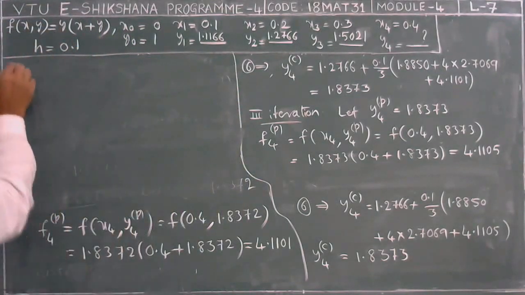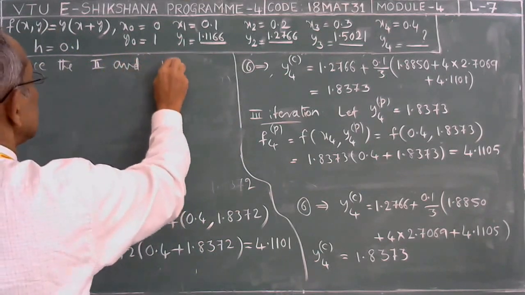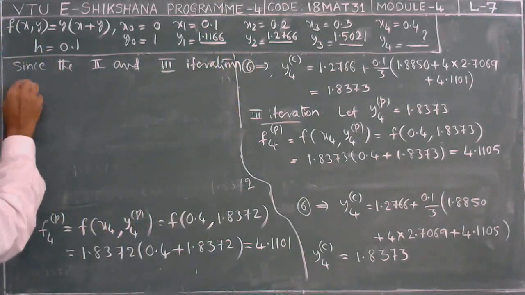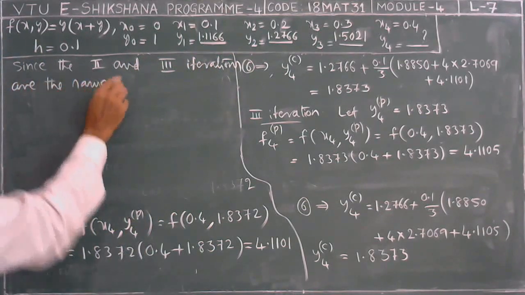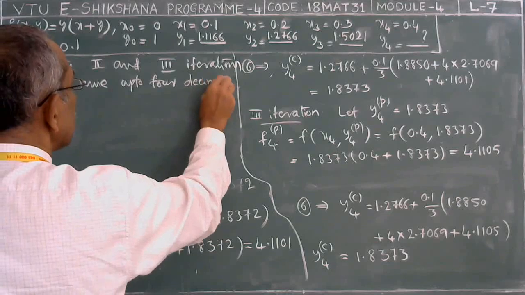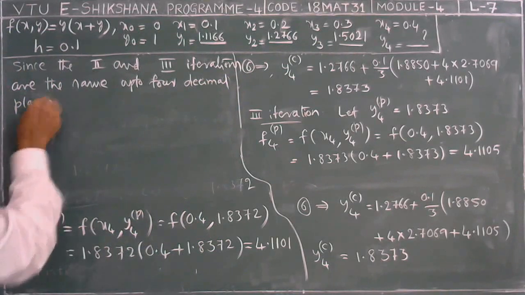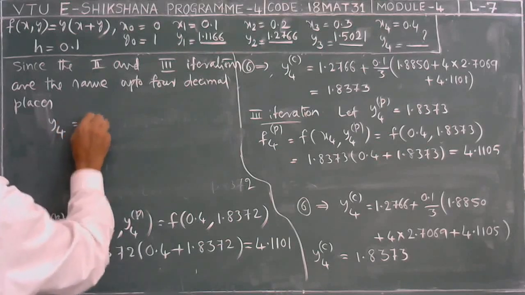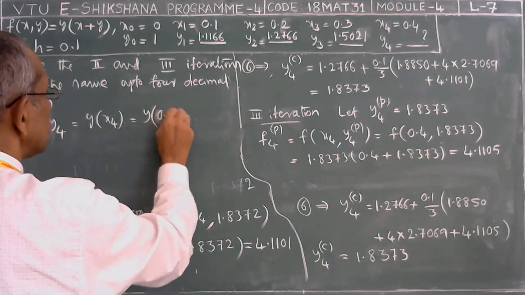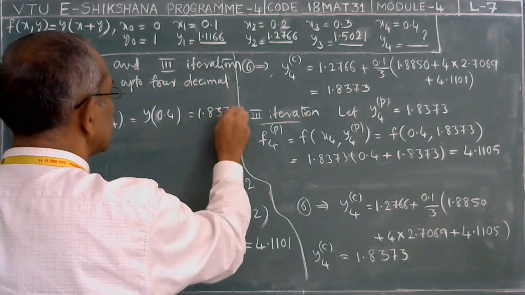Since the second and third iterations are the same up to 4 decimal places, y4, that is y at x is equal to 0.4, is equal to 1.837.